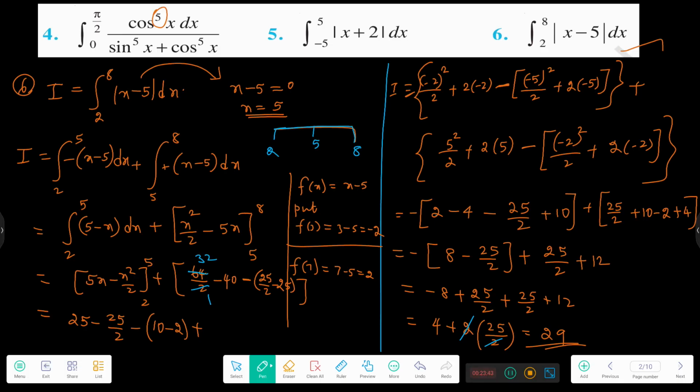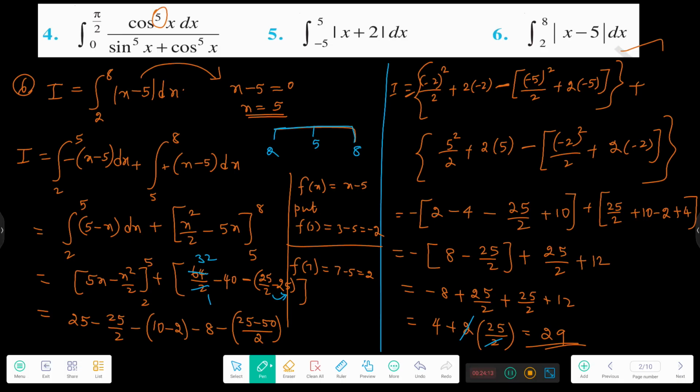So 32 minus 40, minus 8. So this one when you subtract 25 by 2 minus 75... see, when you take cross multiply, 2 into 25 is 50, minus 50 divided by 2 you will be getting.